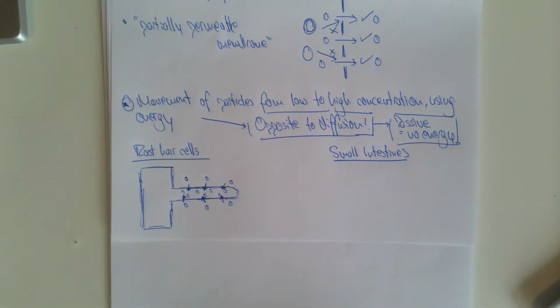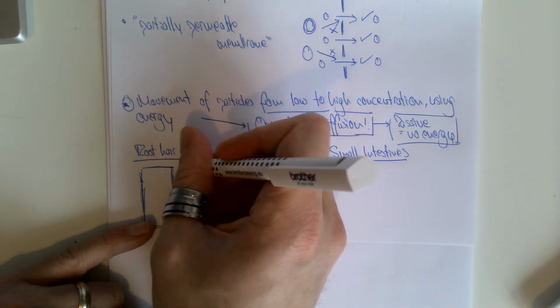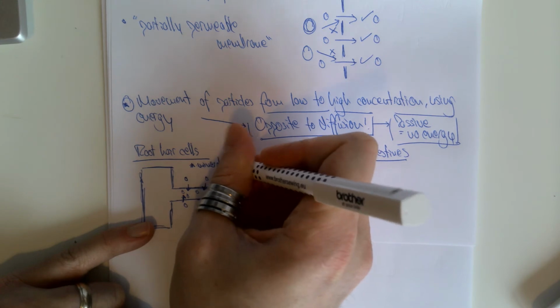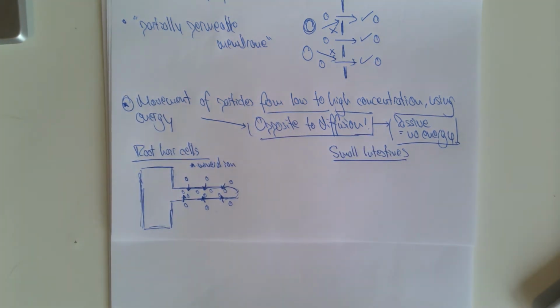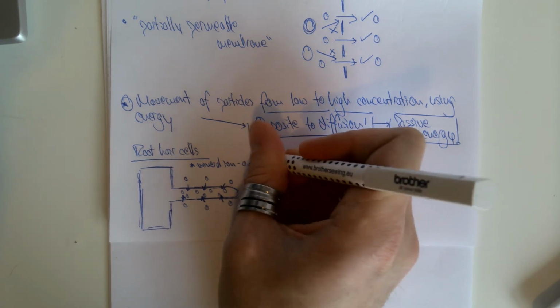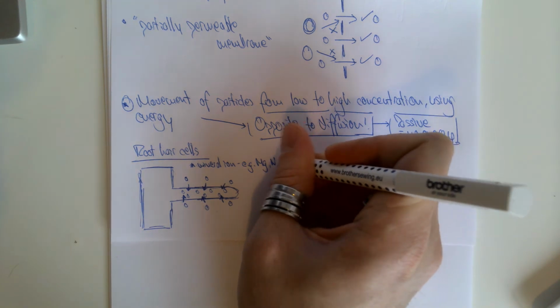Now, root hair cells carry out active transport on mineral ions that are found in low concentrations in soil. So ions of things like magnesium, nitrates, and potassium.